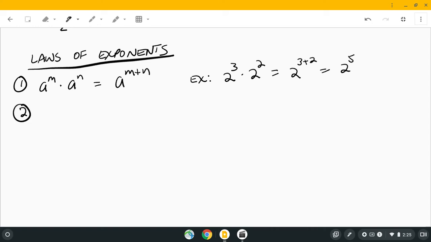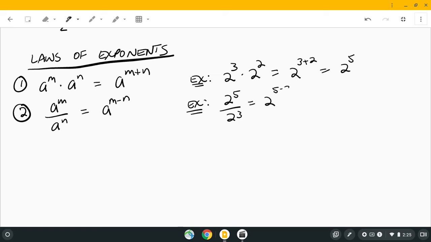The second one, if you have division of like bases, then here you would simply subtract the exponents. So if you have 2 to the 5th divided by 2 to the 3rd, then this would be 2 to the 5 minus 3, which is 2 squared.